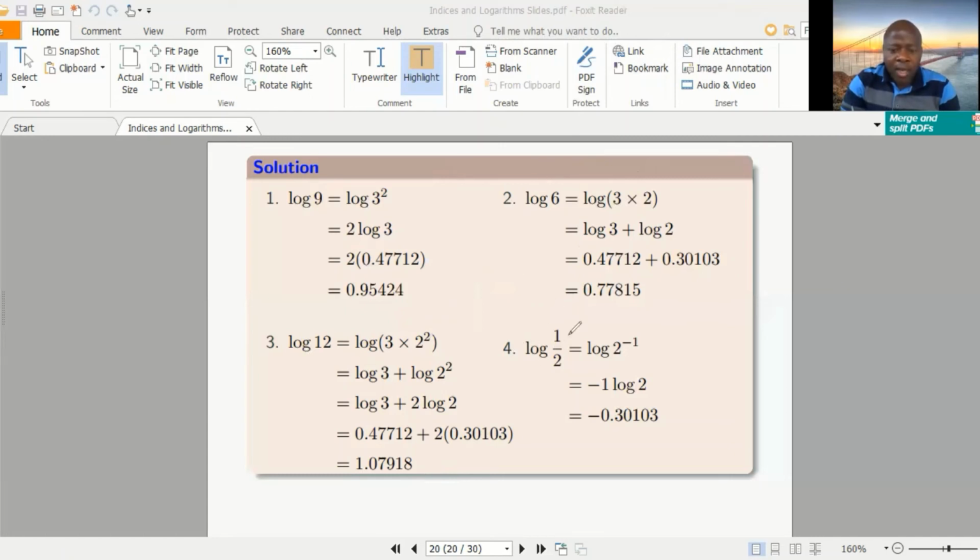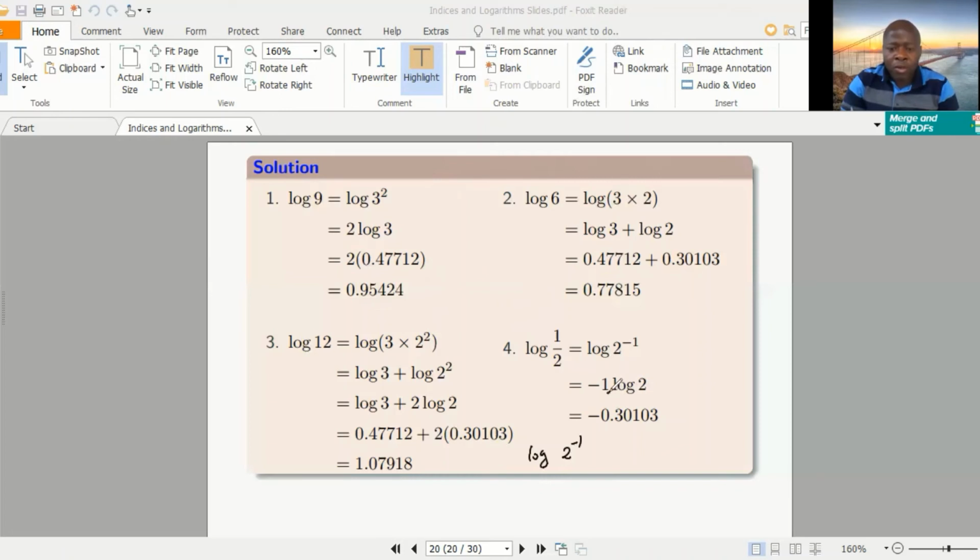Now, I want the log of a half. I ask myself, how do I write a half in terms of 2 or in terms of 3? And I notice that a half is just the same as 2 raised to negative 1. So I'm talking of log 2 raised to negative 1. So the negative 1 can come here, and I have negative 1 times log of 2.